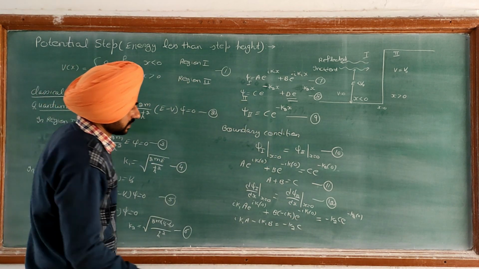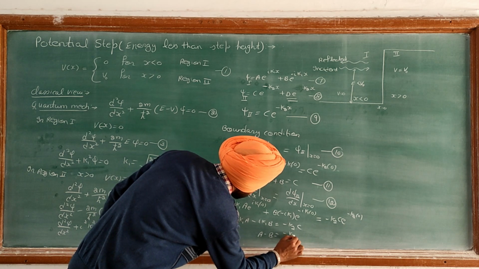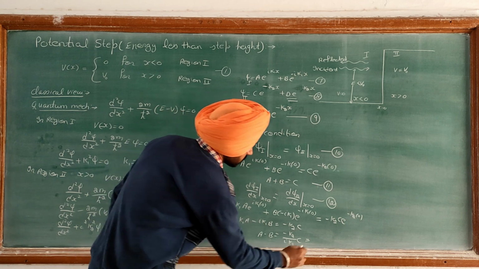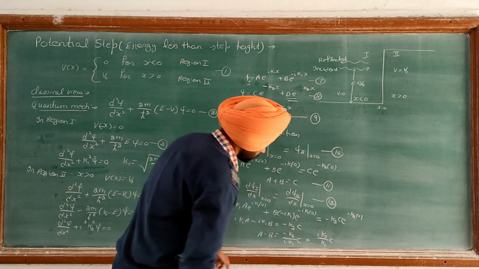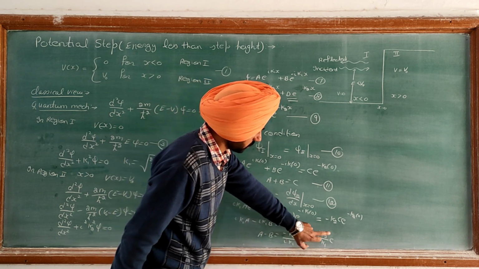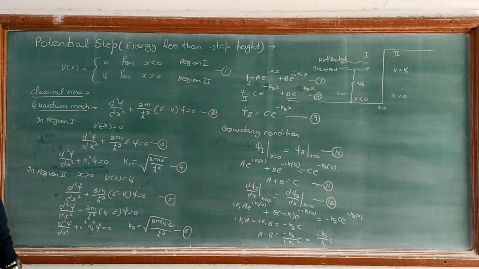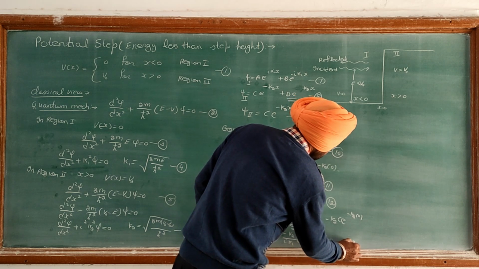So we can rearrange it as A minus B is equal to minus k2 upon iota k1 into C, or you can say iota k2 upon k1 into C, because I write the negative sign as iota squared and iota is cancelled with this iota. So A minus B is equal to iota k2 upon k1 into C. This is equation number 13.